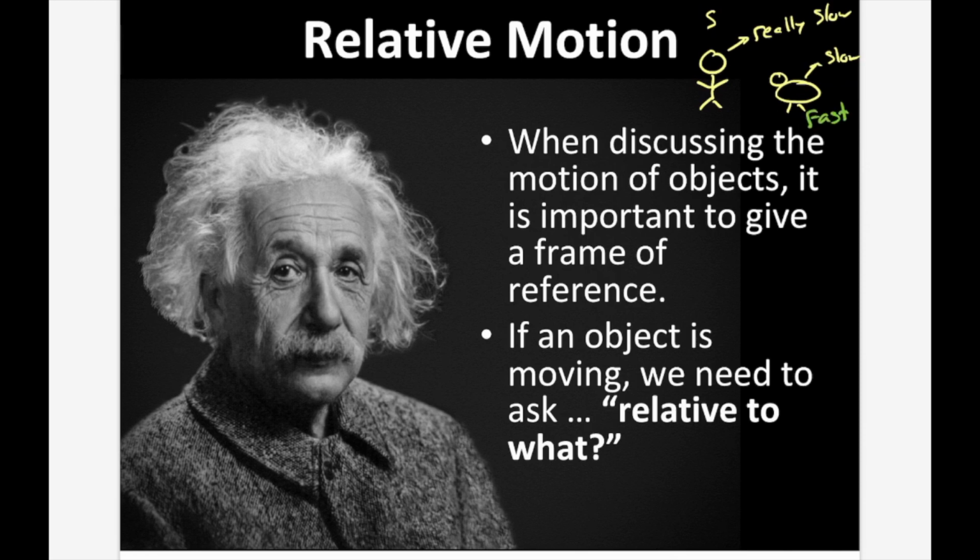Now, if we do the same situation and we put the turtle here and we put the sloth on top of the turtle, so the sloth is going to go for a little ride on the turtle. Since the turtle moves faster than the sloth, the sloth is going to feel like it's actually going fast. So relative to how it normally moves, when it's riding the turtle, it's going to be moving at a pretty quick clip.